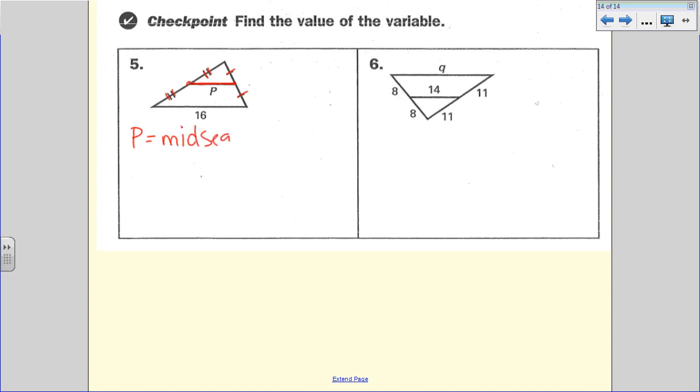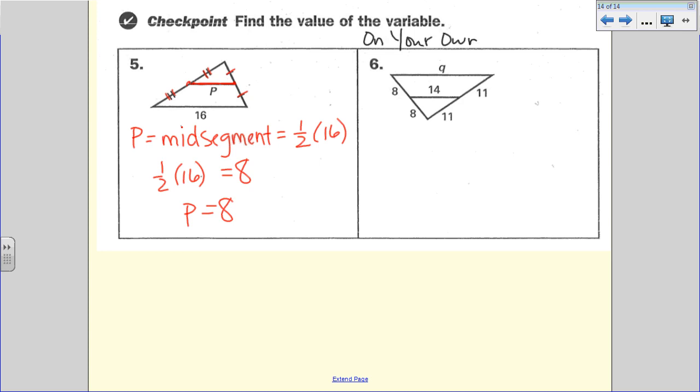So P is the mid-segment, which equals 1/2 of 16. 1/2 times 16 is equal to 8. So P is equal to 8. You are going to do on your own, and we will discuss in class.